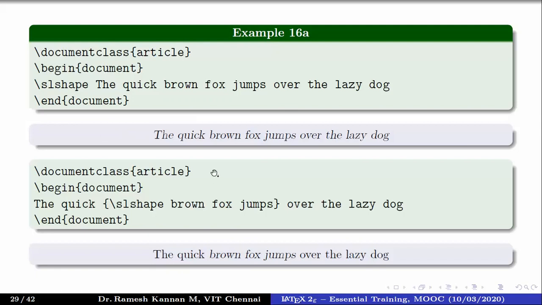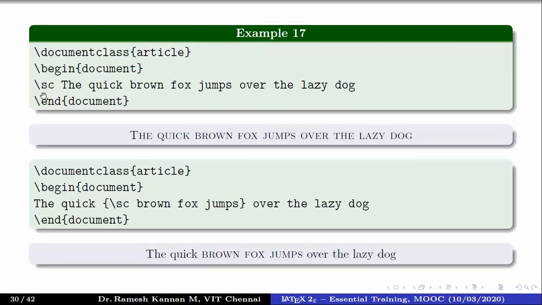This is true for small caps as well. Small caps is \sc, or within the bracket \sc. Either way, it doesn't make much difference in terms of the requirement, so it will print exactly what we intended to.